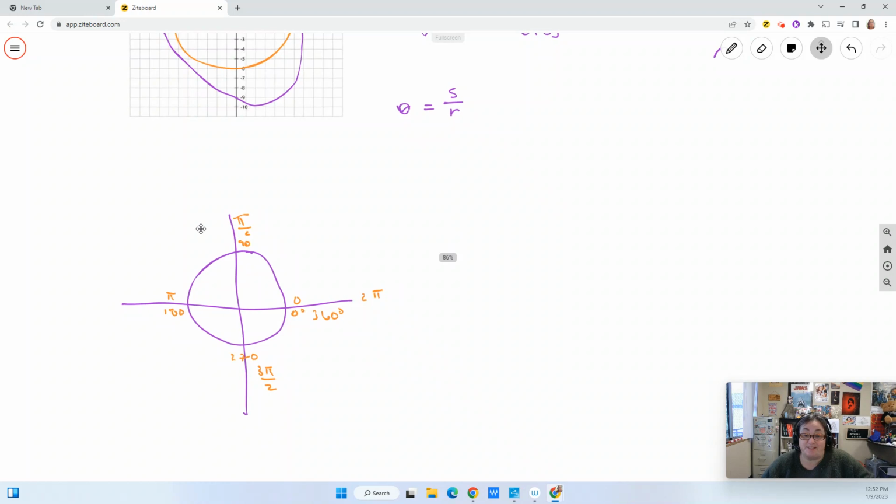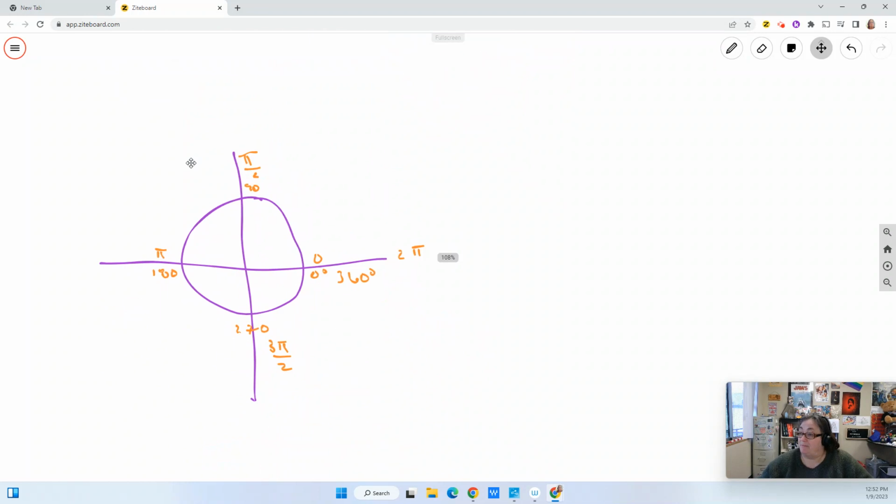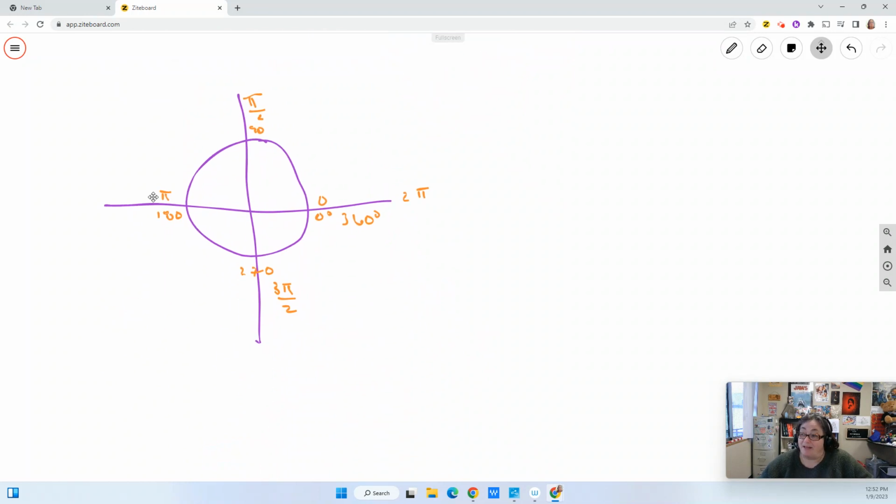So this is 1 piece, and, whoops, sorry, this makes it really big. And this would be pi, right? So pi is 2 pieces, like 2 pi over 2, and you get pi. This would be 3 pi over 2. This would be 4 pi over 2.